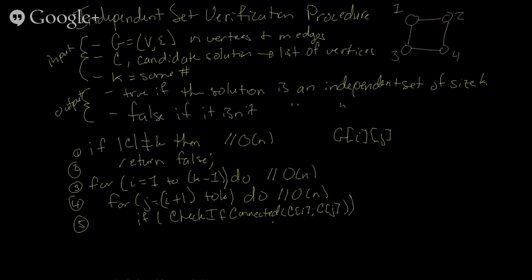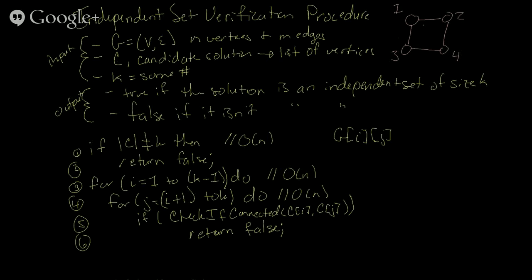So if this is true, what did we say would be the case if checked if connected returned true? It would say that Ci and Cj, so these two vertices, would be connected. So if this is true, for any case, we have an issue, because there should be in the independent set, there should not be any vertices that are connected. So if this is true, we need to return false.